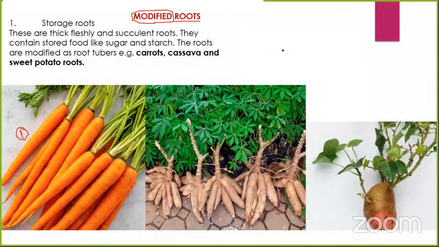Someone thought that cassava was a stem. Someone is saying cassava was a stem, but you can see here, these are the roots. I think most of you have ever seen cassava, and you can see its system clearly in the picture and the leaves. So some of you had that misconception.